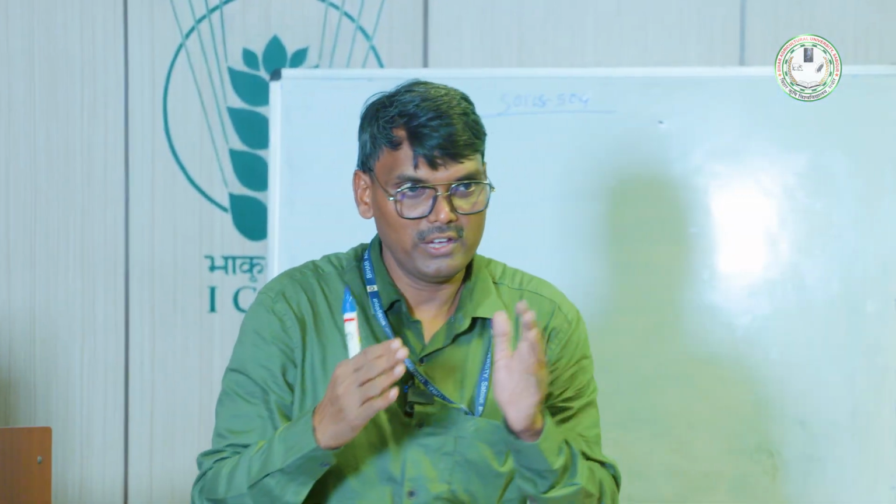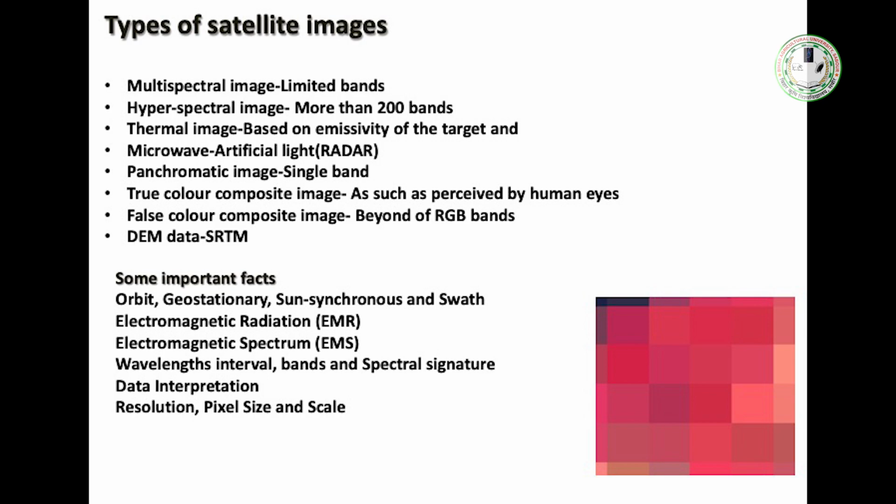Like multispectral images, there are limited bands, 1, 2, 3, 5 or 7, 8 or 9, 10 something, but hyperspectral images consist of more than 100 bands, 200 bands in a narrow way. Okay, but a thermal image represents the emissivity of the target.